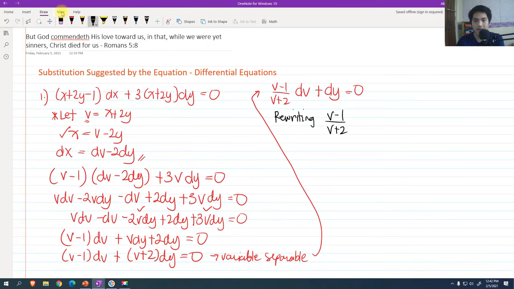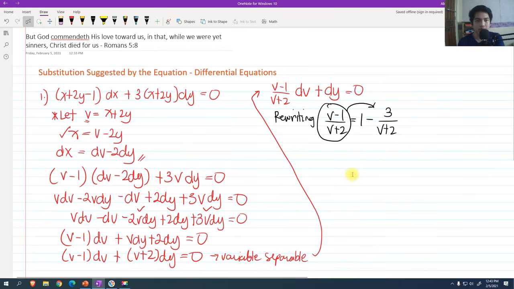The best way is to rewrite v minus 1 all over v plus 2 as 1 minus 3 all over v plus 2. If we evaluate this, v plus 2 times 1 is v plus 2, minus 3. So v plus 2 minus 3 would be v minus 1. So it's the same. Then we copy the same denominator.